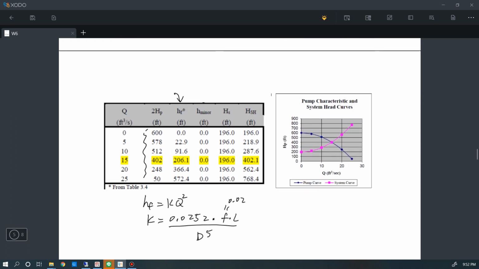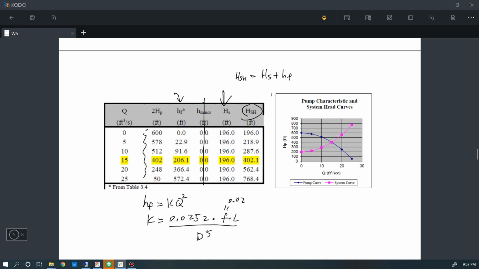Then we ignore the minor head losses, so this is equal to 0, and the elevation difference between the two reservoirs is equal to 196. So we have HS equal to 196 here, and for HS, the total energy for the system is equal to HS plus the friction head losses.